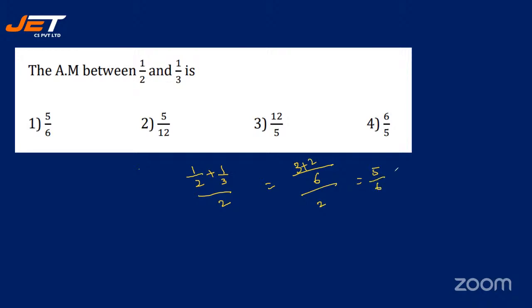So 5 by 6 into 1 by 2, which is 5 by 12. So your answer must be 5 by 12. Let's see. Yes. Okay. Right. Hope you all are getting the answers.